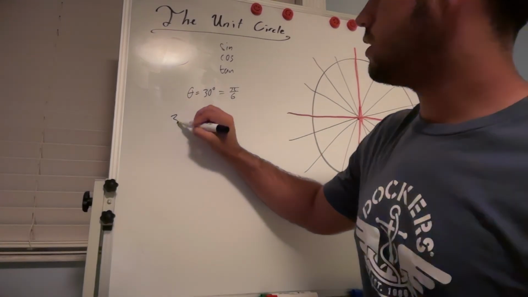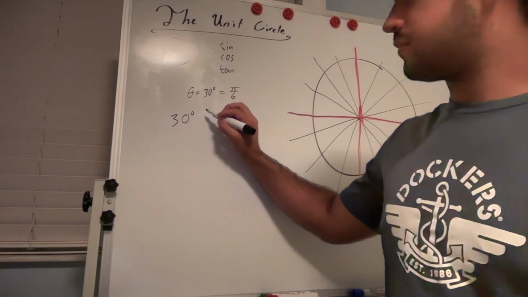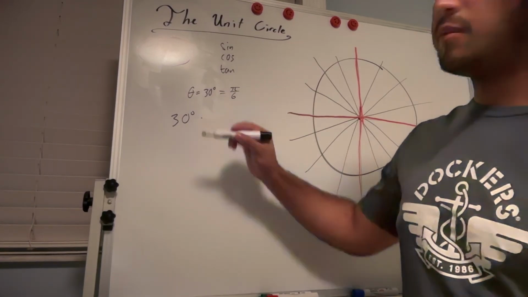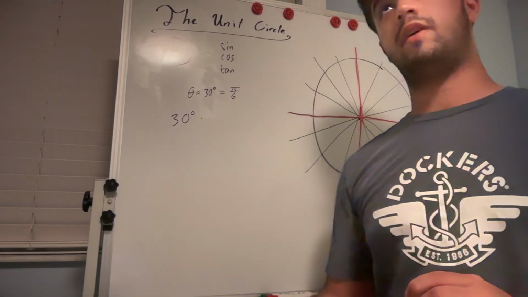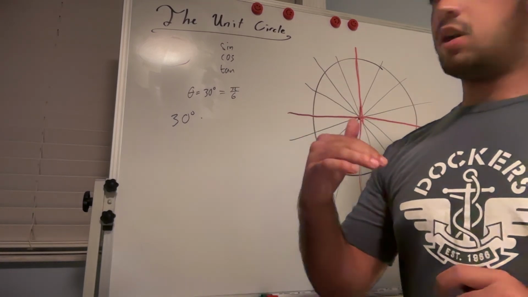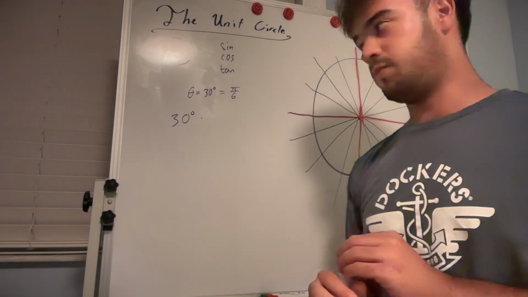If you have something in degrees, like 30 degrees, and you wanted to convert it to radians, you would write 30 degrees times the conversion factor. So the conversion factor comes from the formula for the circumference of a circle.